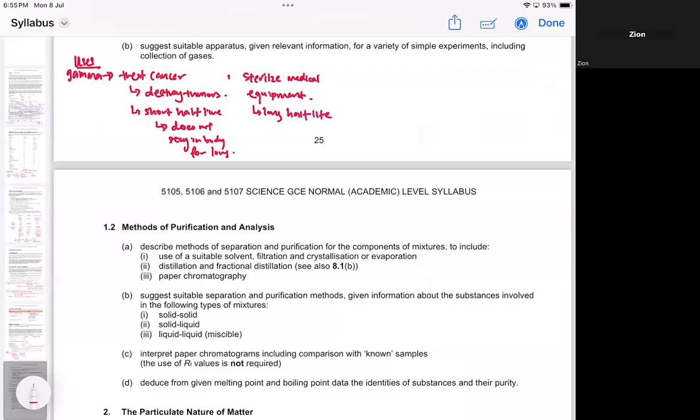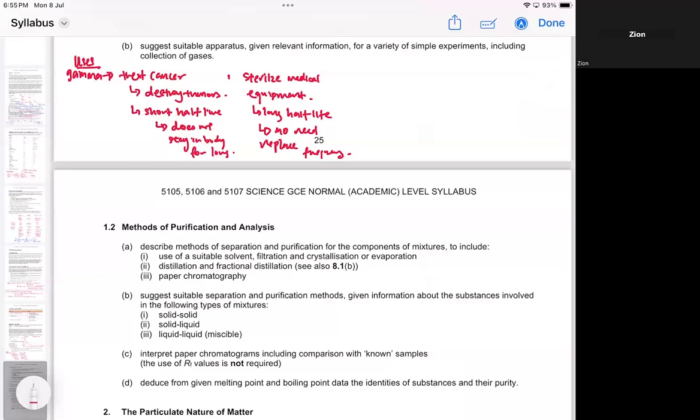So that there is no need to replace it frequently. So we use long half-life gamma radiation for sterilization. But anything that's injected into the body, we use a shorter half-life so that it can totally go away from the body.